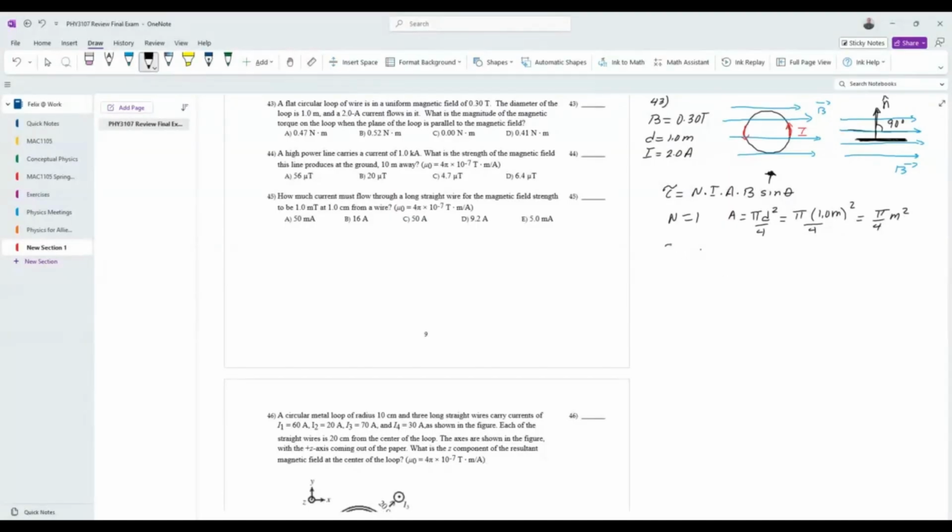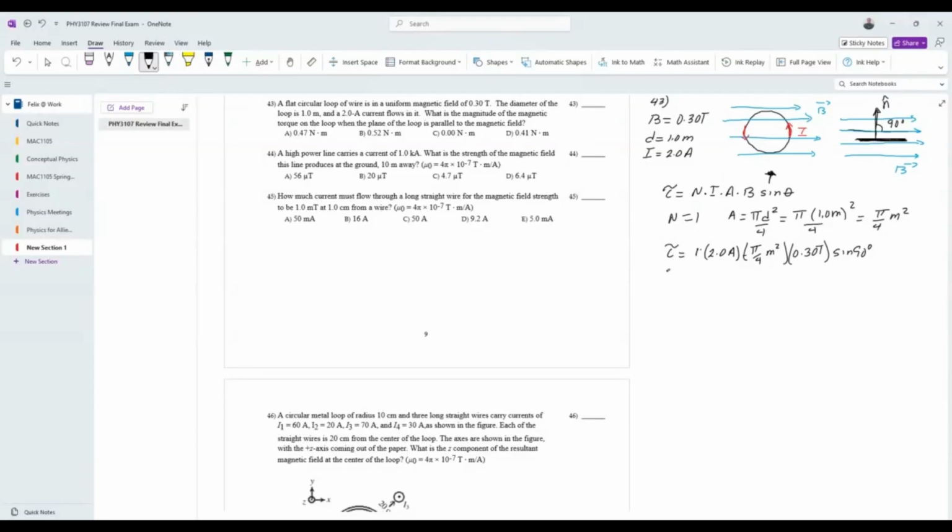So I can calculate the torque, which is 1 times the current, that is 2 amperes, times the area, that is pi over 4 meters squared, times the intensity of the magnetic field, which is 0.30 teslas, times the sine of the angle, which is 90 degrees.